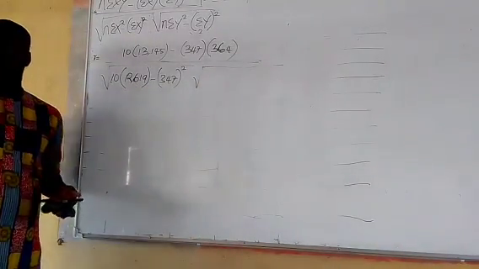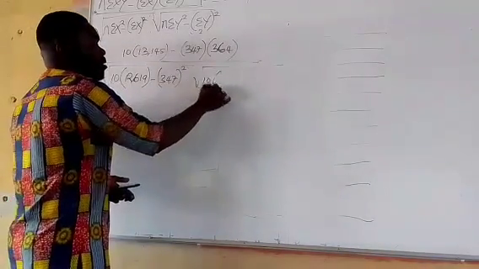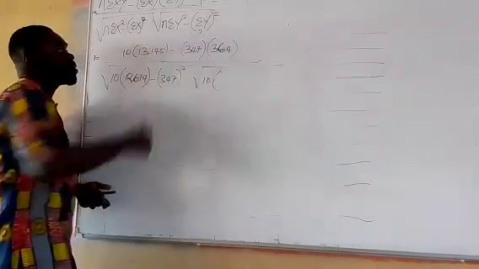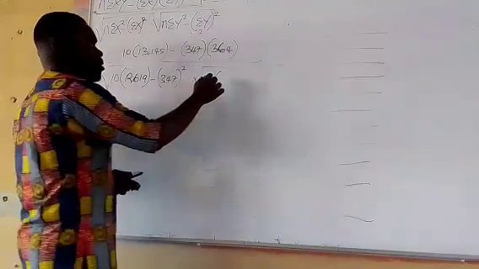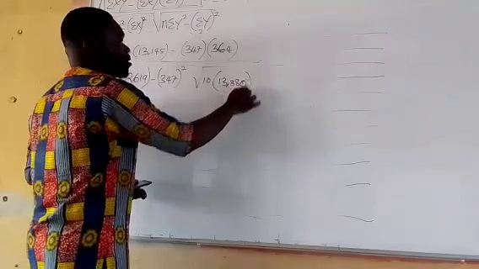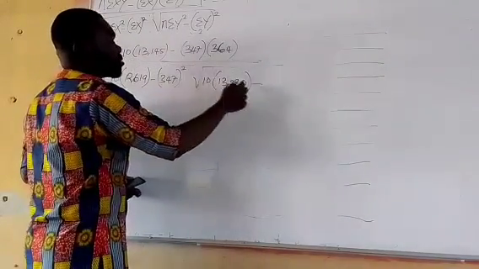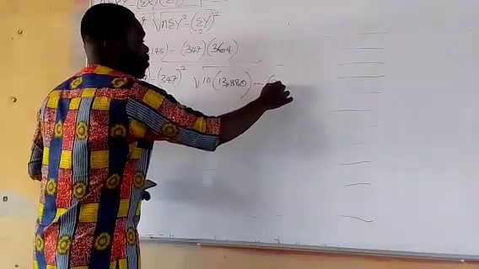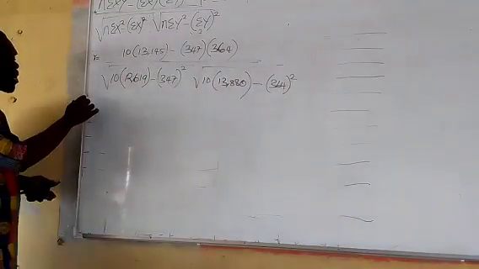Am I alone here? No. Okay, so we have n. N is 10. Bracket open, summation y squared. Check y squared for me. Y squared is 13,880. You close it. Minus summation y is what? 364 squared. So we move to the next step now.